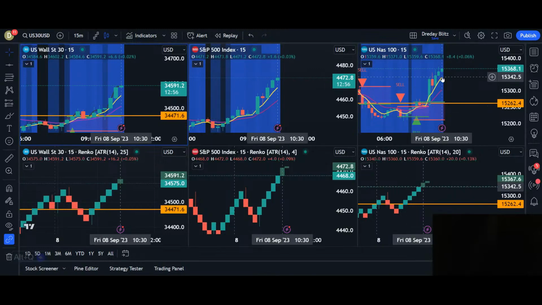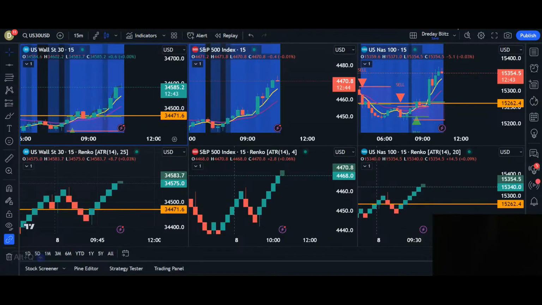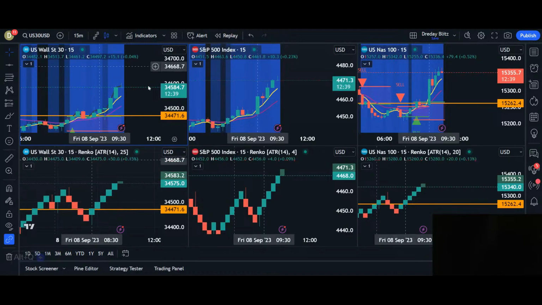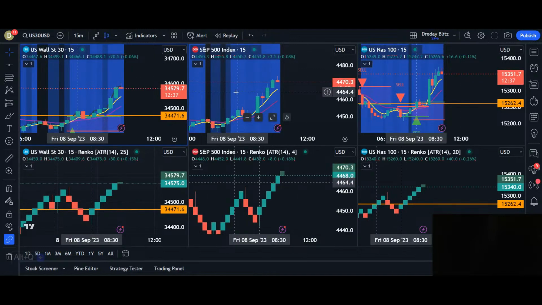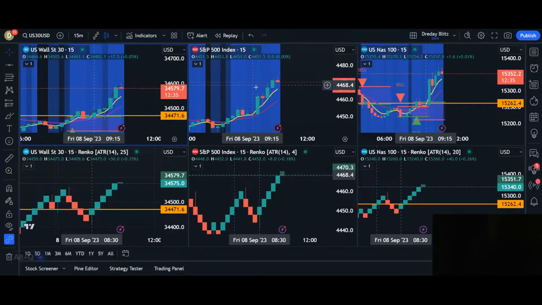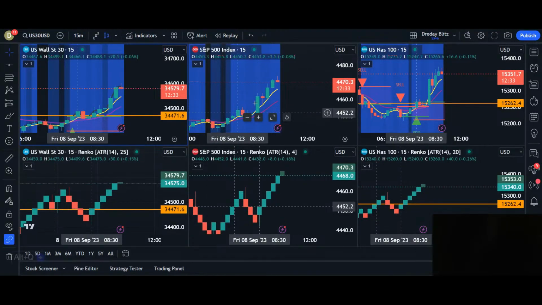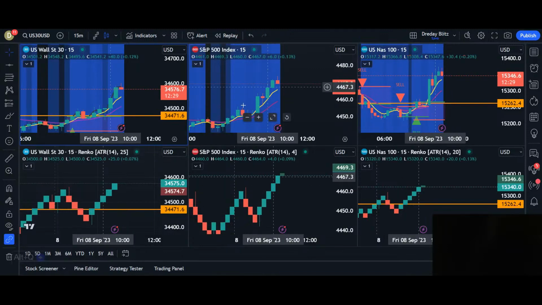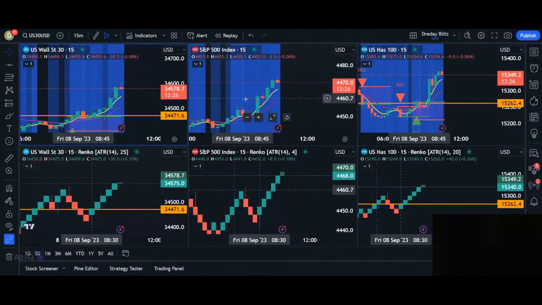Since we're trading a 15 minute time frame, it's scanning the 1 minute, the 3 minute, and the 5 minute time frames all at once. And as long as the movement is going in the same direction, you're going to see the color scheme in the back. The more color that you see in the back, the higher the likelihood that there's a bigger push or bigger momentum going in the direction of the market.